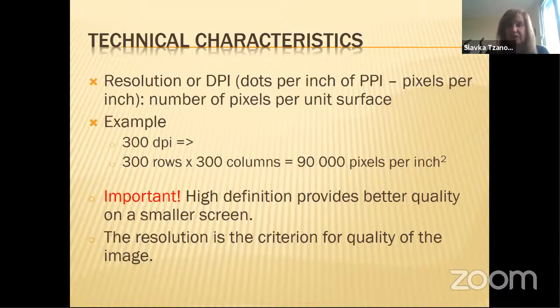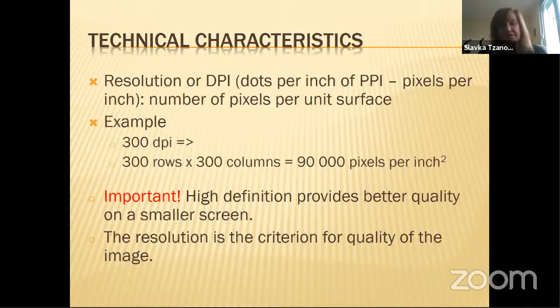So this is one characteristic which is the same for all screens. It doesn't matter what the dimension of the screen is, what the diagonal they measure is. According to the resolution, you can have an idea what the quality of the screen is.